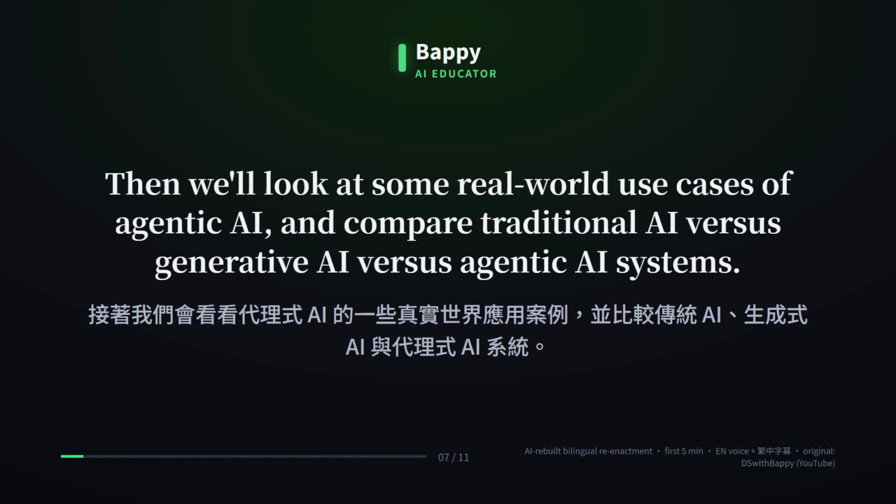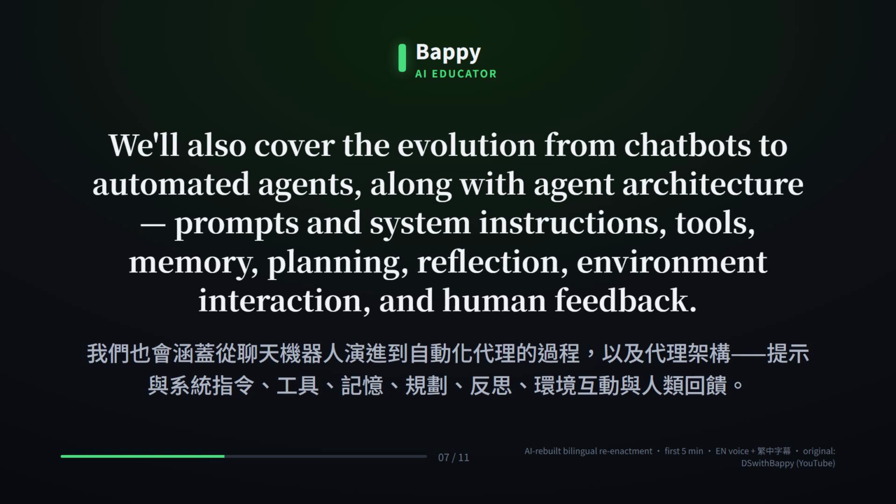Then we'll look at some real-world use cases of Agentic AI and compare traditional AI versus generative AI versus Agentic AI systems. We'll also cover the evolution from chatbots to automated agents, along with agent architecture, prompts and system instructions, tools, memory, planning, reflection, environment interaction, and human feedback.